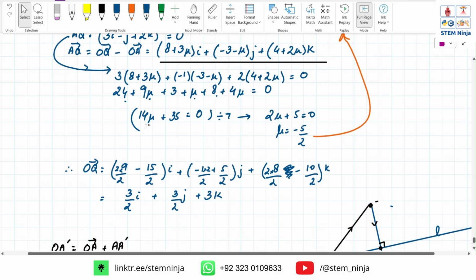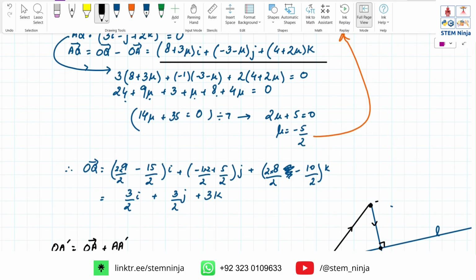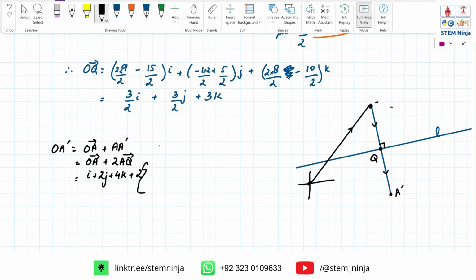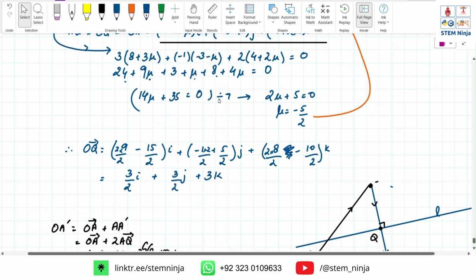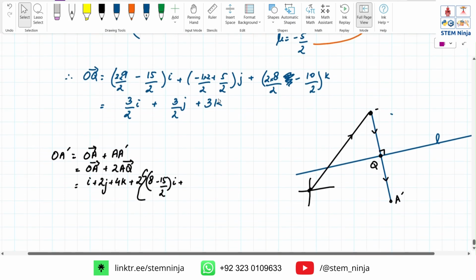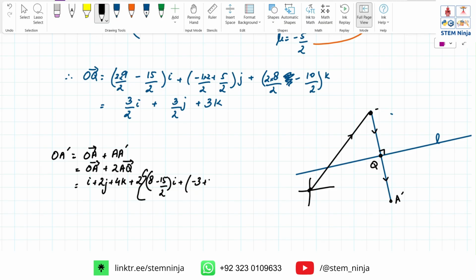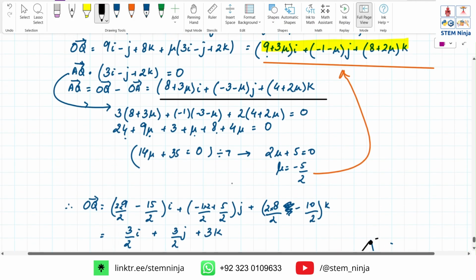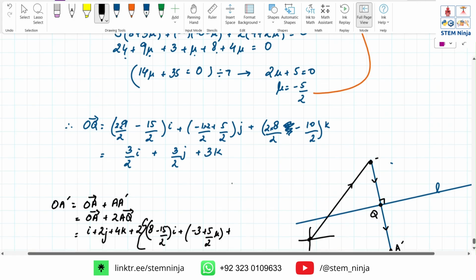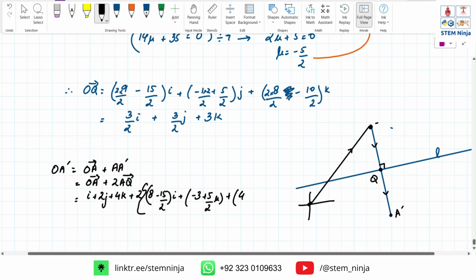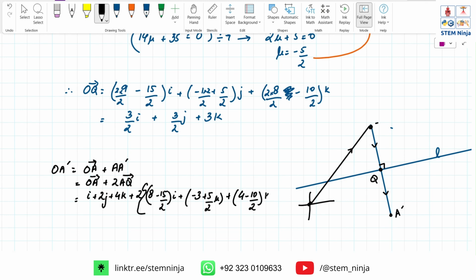So AQ is 8 plus 3 mu, so 8 minus 15 over 2 I plus minus 3 plus 5 over 2 J plus 4 minus 10 over 2 K. Right, okay.